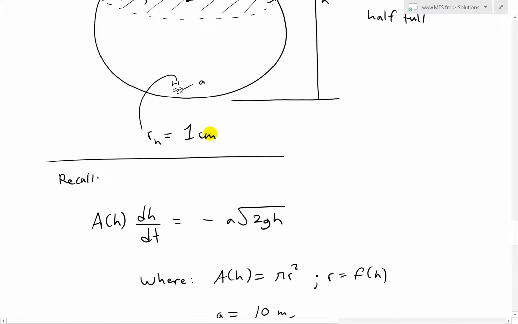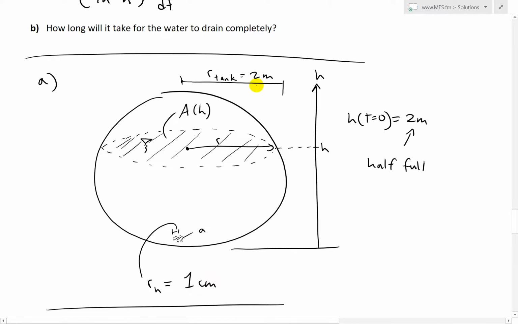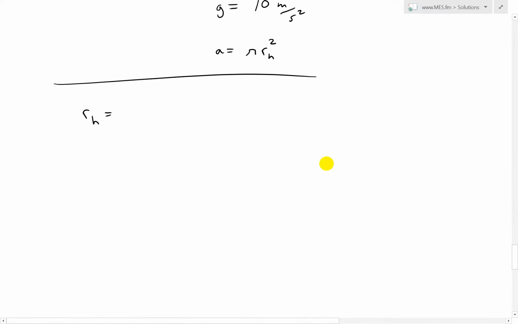So 1 centimeter times 1 meter over 100 centimeters is 1 over 100 meters, which equals 0.01 meters. So that's what r_h is equal to.